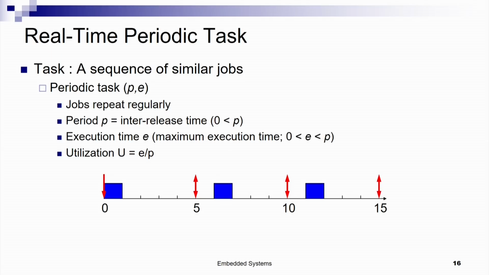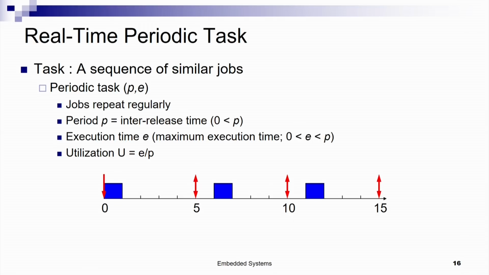One instance of the job comes every p time units, a periodic task whose execution time is e. The jobs repeat regularly. Period p is the inter-release time, and p has to be greater than 0 obviously.